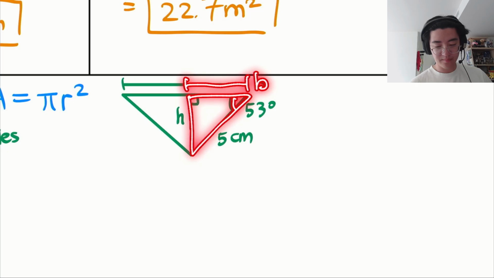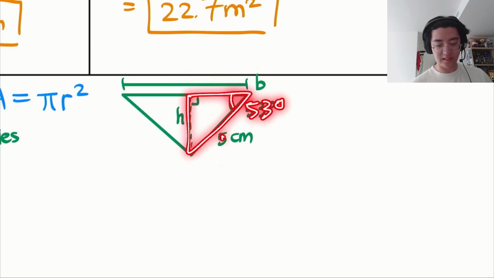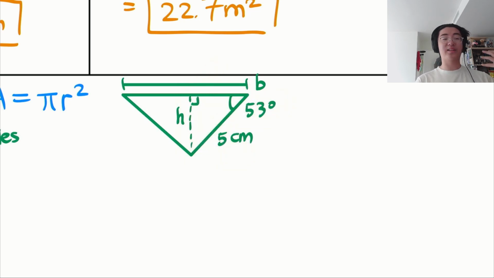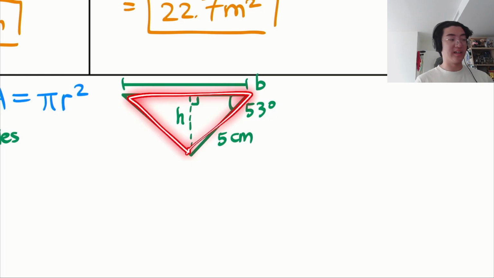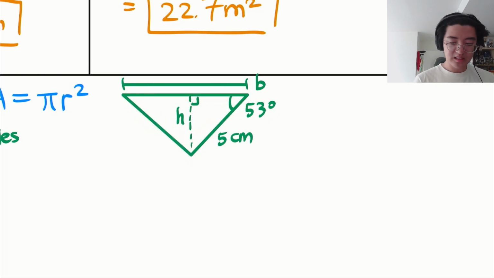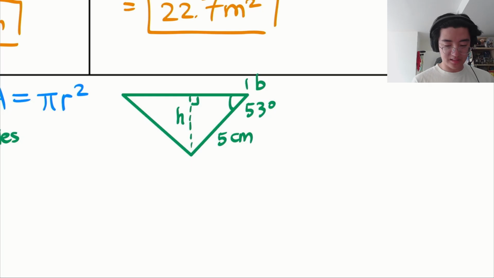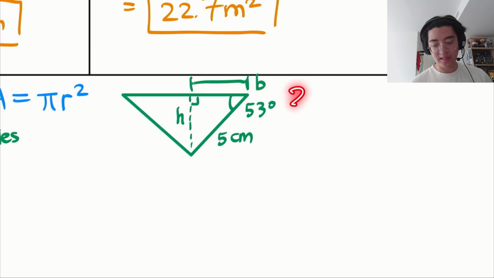Looking at this angle, that's the hypotenuse, and this right here is the adjacent. So we can find how long this is, which is only half of the base of this big triangle. So what we can do instead is find the base of just this segment here, because then we can multiply the base by 2 to get the total base of the big triangle.